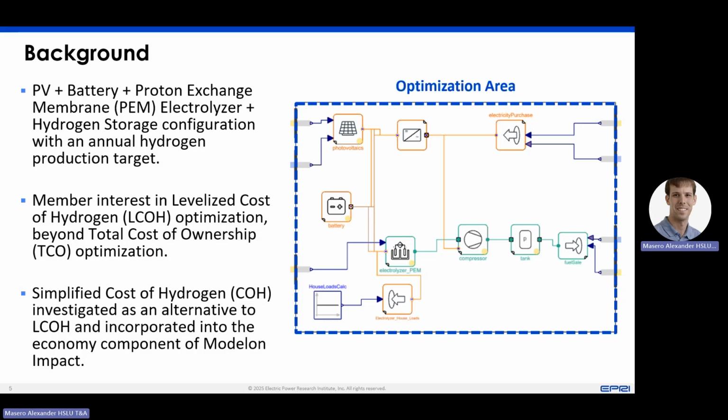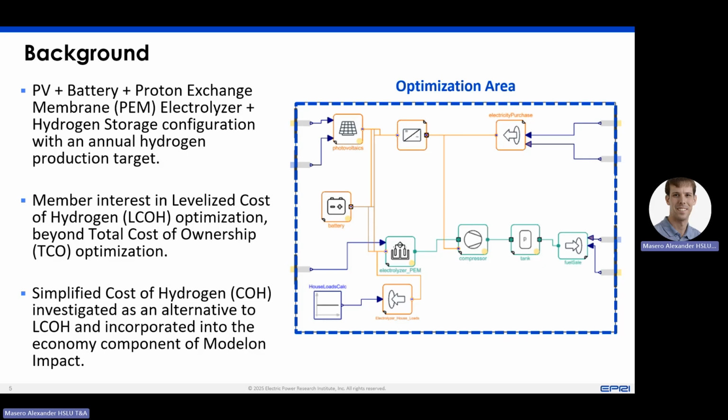So one of the case studies that I wanted to quickly go through, and give Garrett some more time to highlight his work, is the optimization of the cost of hydrogen target. This is a screenshot of the Modelon Impact interface of that configuration. Some background on the target itself.